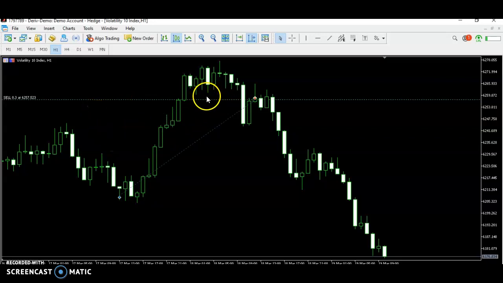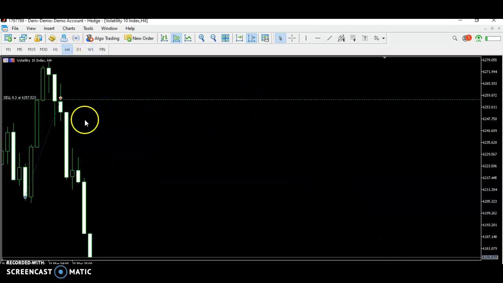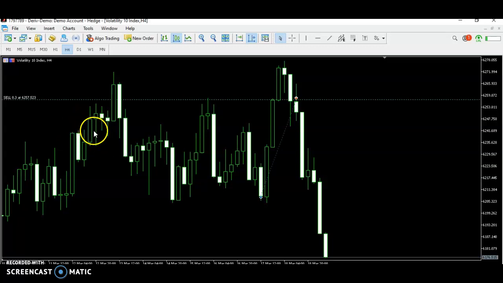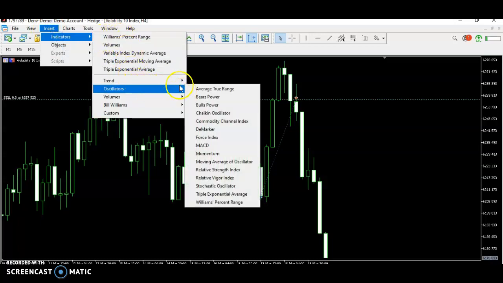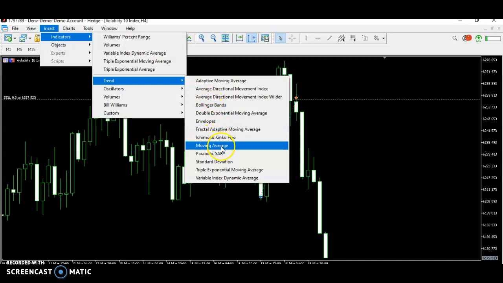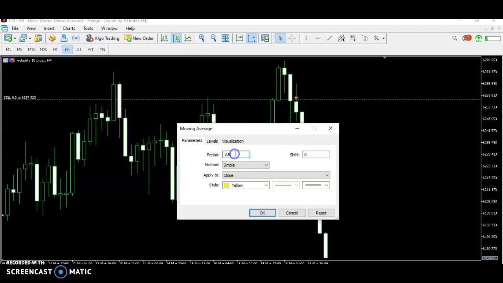So if you ask me the main reason I entered sell here, when it clicks to a higher time frame, you can see this is a double tap from this position. If I place my moving average indicators from that position, let's check what the moving average says.